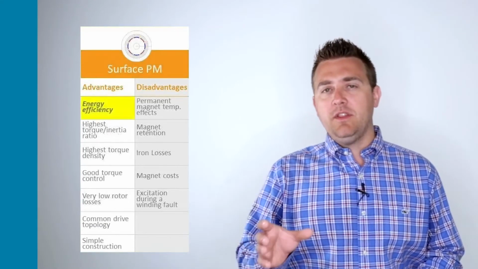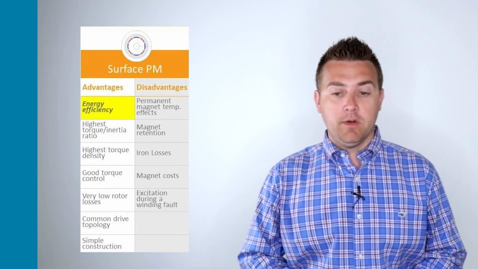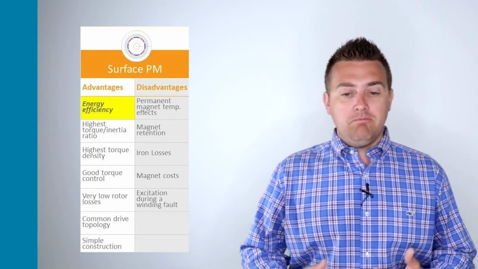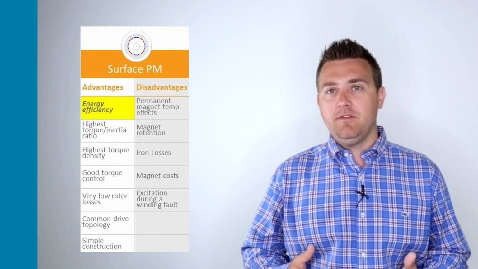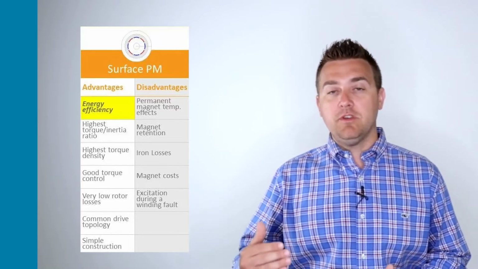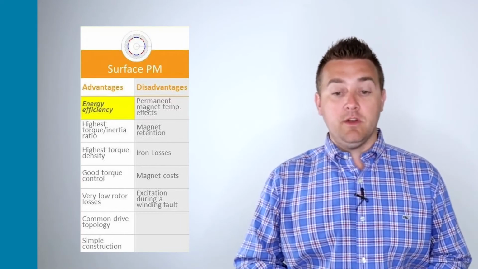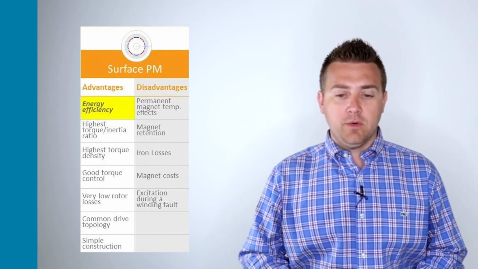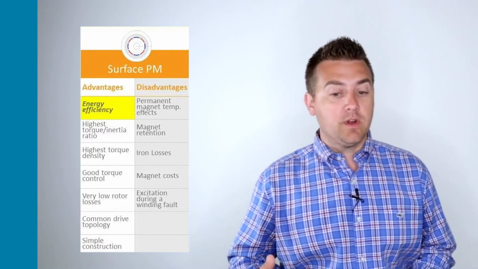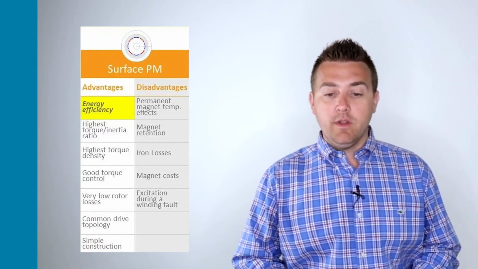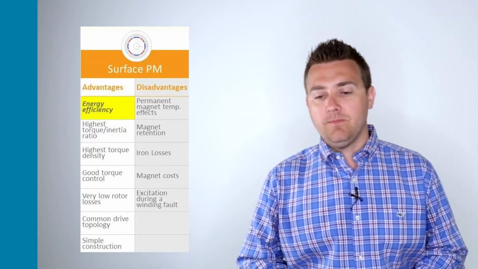So now focusing on the center topology, the surface mount permanent magnet motor generator. Highlighted right there in the middle, the advantage is energy efficiency. We're looking to get the most energy efficiency, and the surface mount permanent magnet machine is a great machine for that. It has the highest torque to inertia ratio, highest torque density, good torque control, very low rotor losses, a common topology, and simple construction.